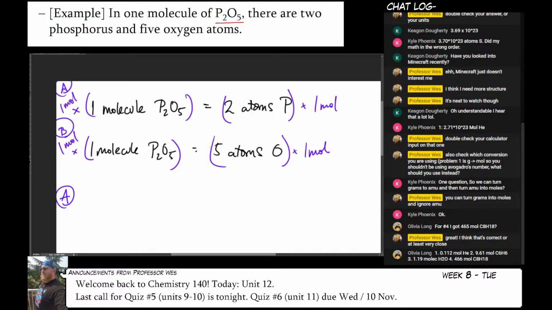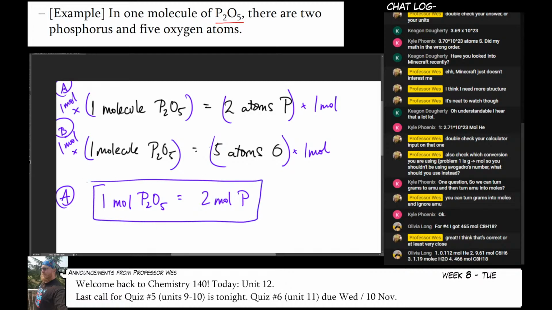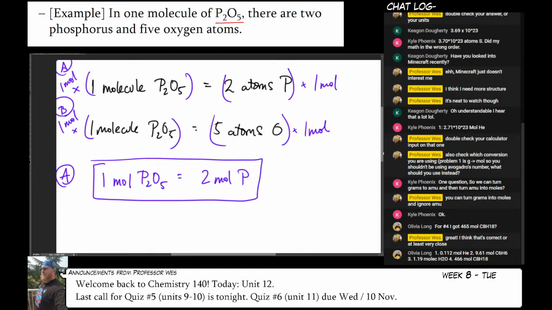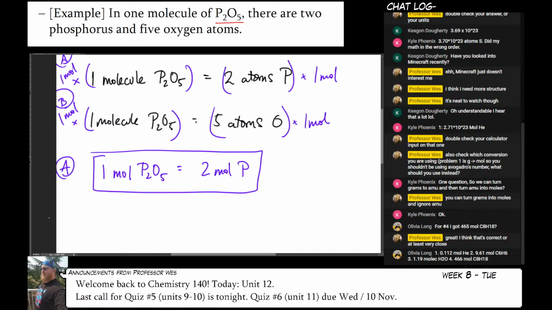So A would now become 1 mole times 1 molecule would be 1 mole of molecules. And 2 atoms times a mole would be 2 moles of atoms. And then we could do the same thing for B. 1 mole times a molecule is 1 mole.